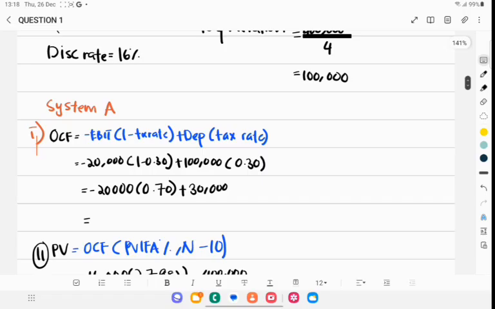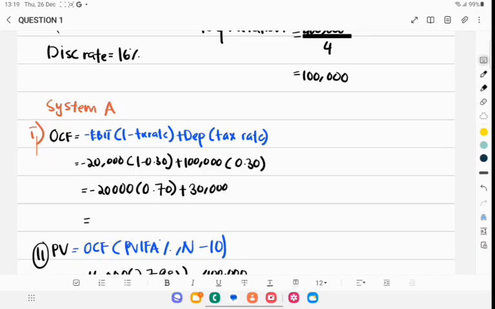So next, this is the answer. I already calculated the OCF for system A. The formula is OCF equals negative EBIT multiplied by 1 minus tax rate, plus depreciation multiplied by tax rate. Then negative 20,000 multiplied by 1 minus 0.30, plus 100,000 multiplied by 0.30.